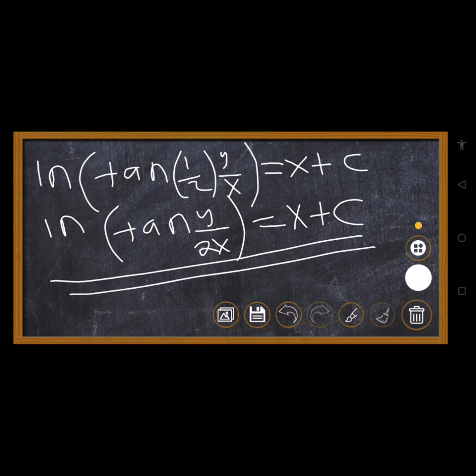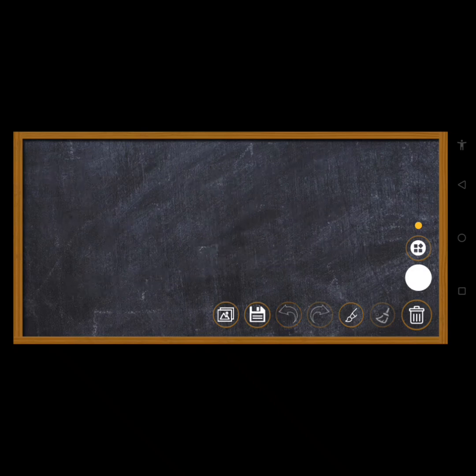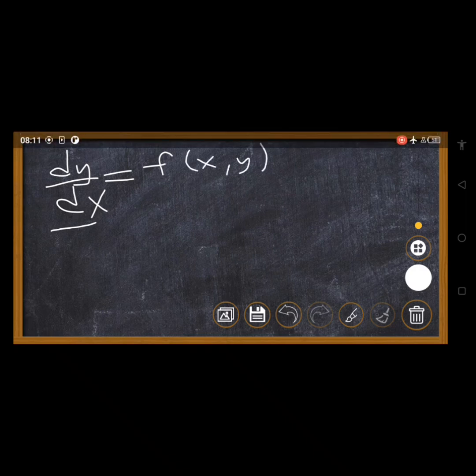So that's the idea behind the homogeneous differential equations. Make sure that you have the concept. Let's just summarize what we have done so far. Always simplify the given expression so that you have only dy over dx on the left side. Then you have the function of the form f of x comma y over g of x comma y.